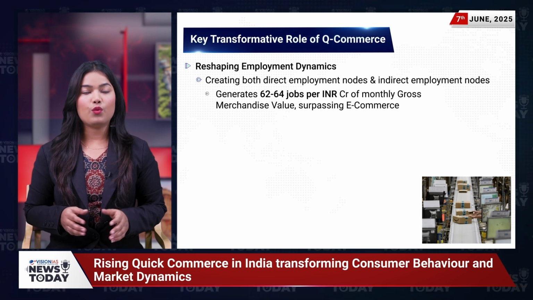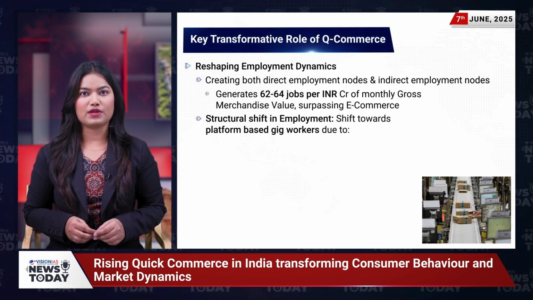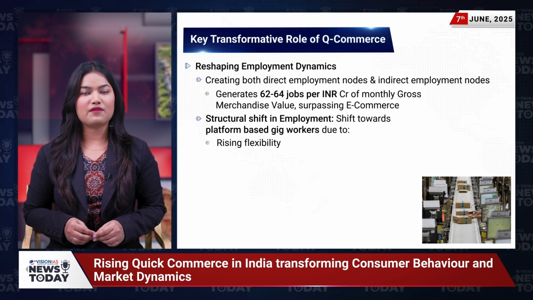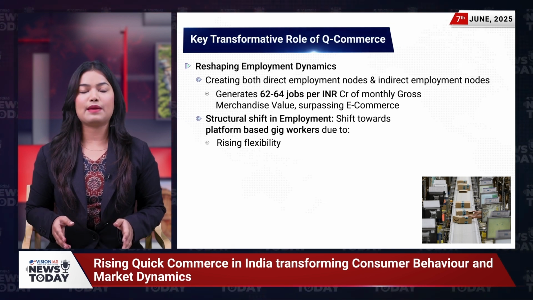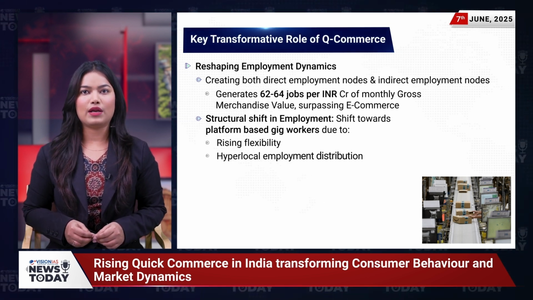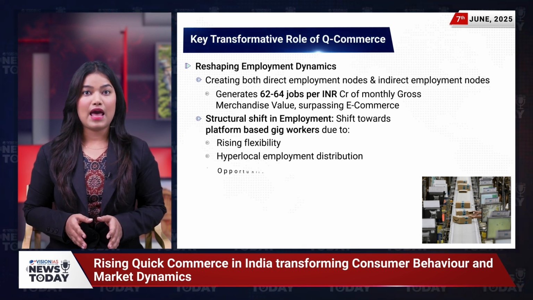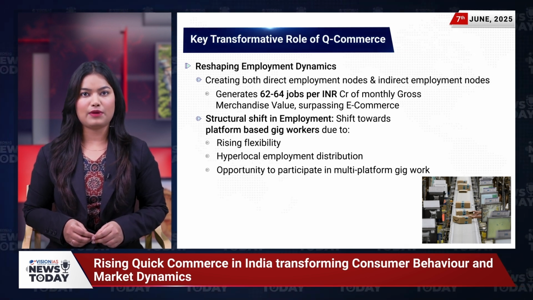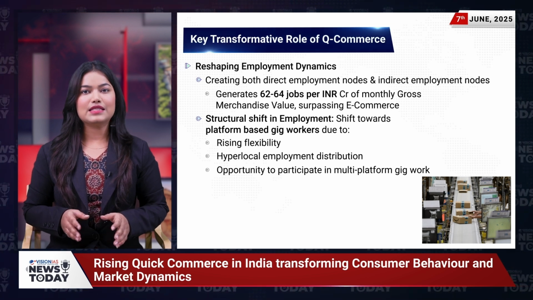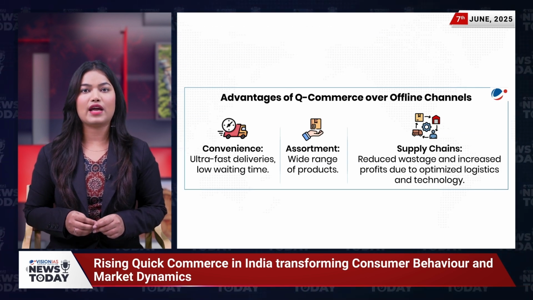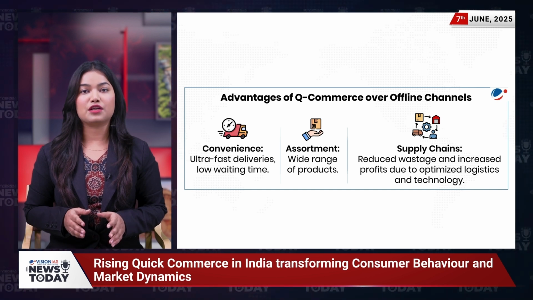What's more, we are witnessing a structural shift in employment towards platform-based gig work. This is being driven by flexibility with options for part-time or full-time work, hyper-local employment, since Q-commerce stores are scattered across the regions, and the freedom to work across multiple platforms. Now, let's take a moment to see how Q-commerce holds an edge over offline channels. First is convenience.